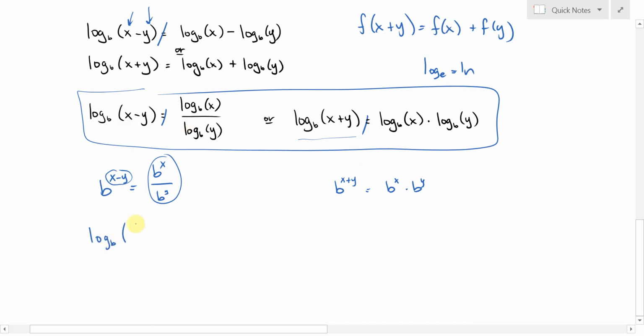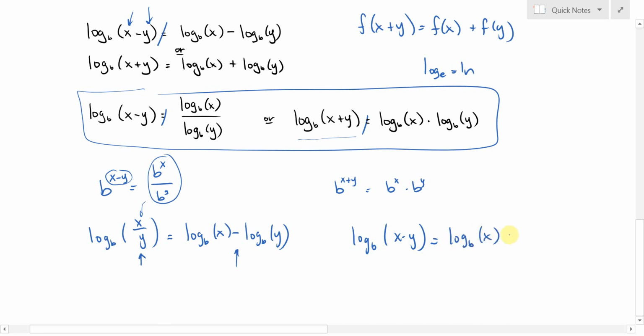Log base b of x divided by y, so the quotient is on the inside of the function, is equal to log base b of x minus log base b of y. It converts division inside into subtraction outside the function. And similarly, log base b of x times y, multiplication inside the function, turns into addition outside the function: log base b of x plus log base b of y.